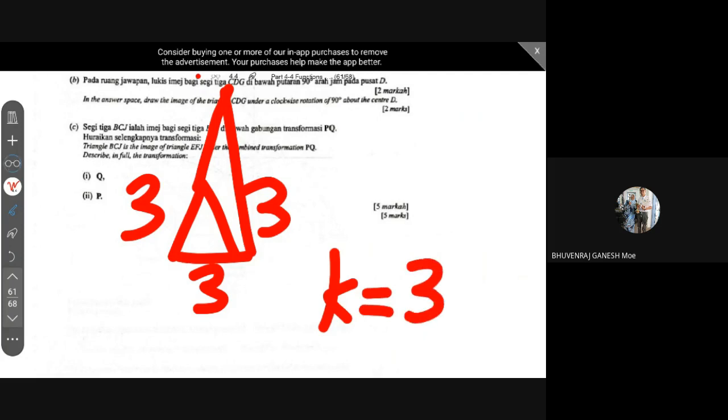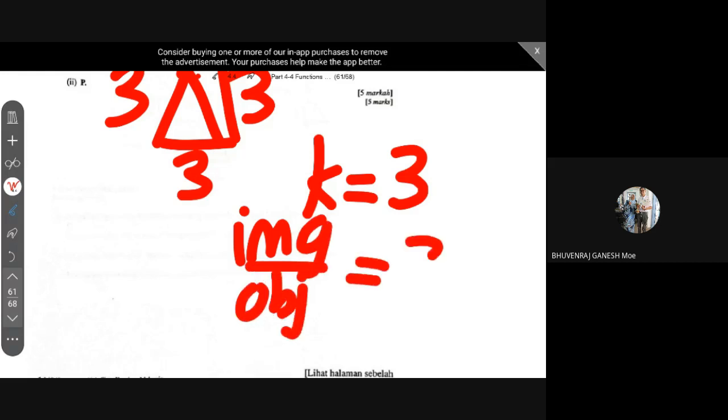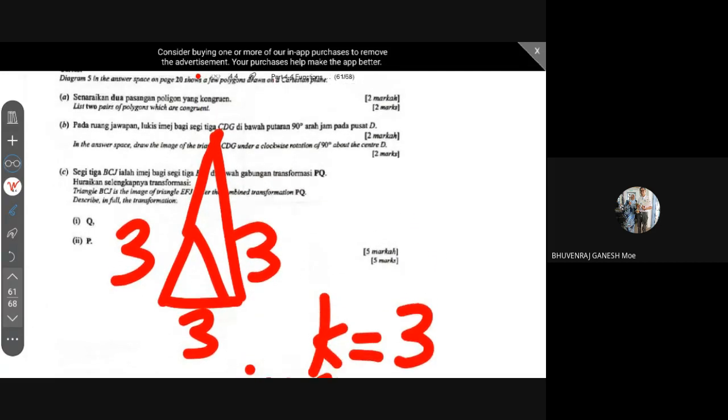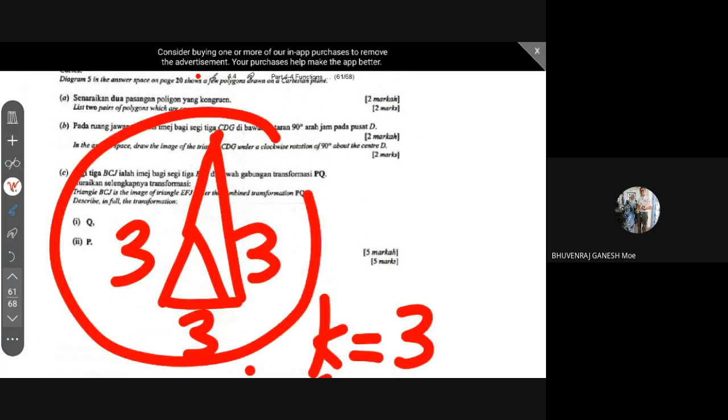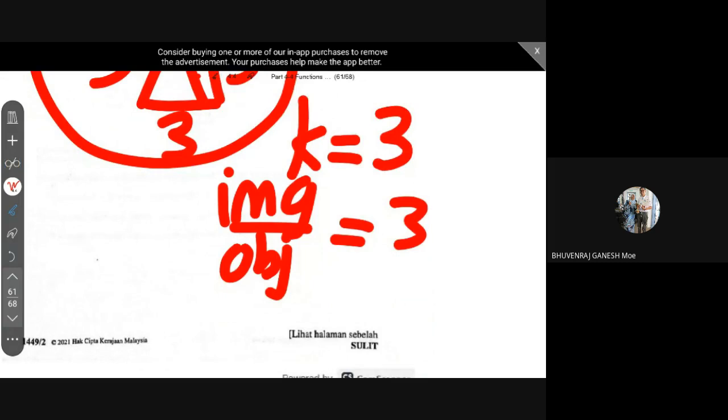The scale factor formula I told earlier, image over object, so it's equal to 3. Now this whole thing is your image, remember. Now I want you to find the length over here, just this part only, not the whole thing.